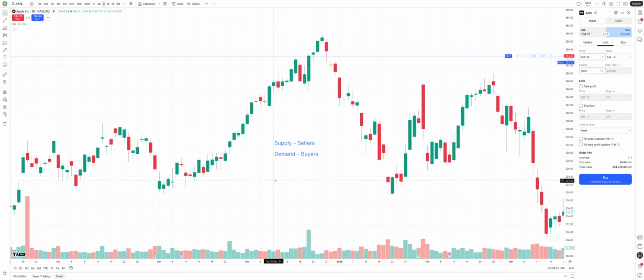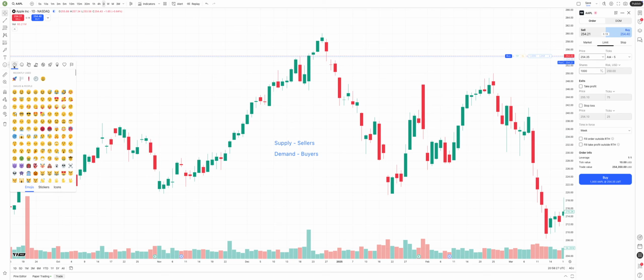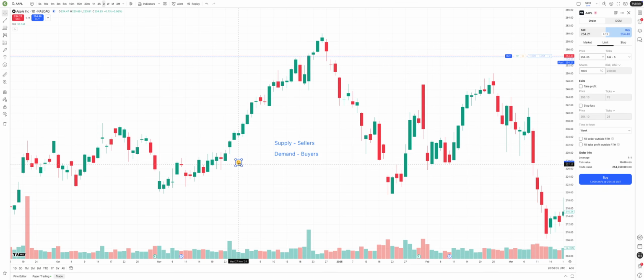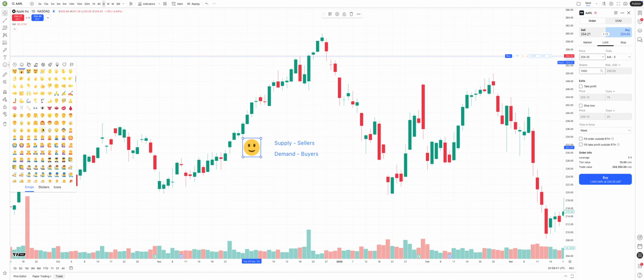There's always this constant tug of war going on between buyers and sellers. I'm going to put a little happy face and I'm going to find an animal here. Let's see here. This looks like a bear.